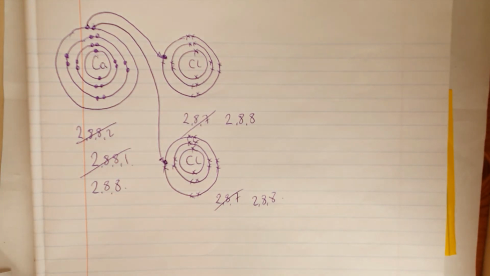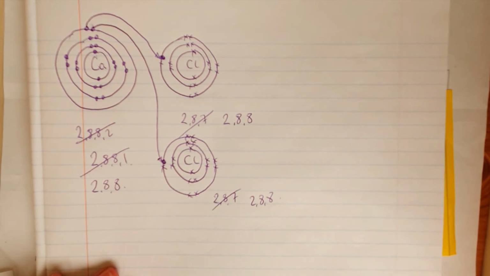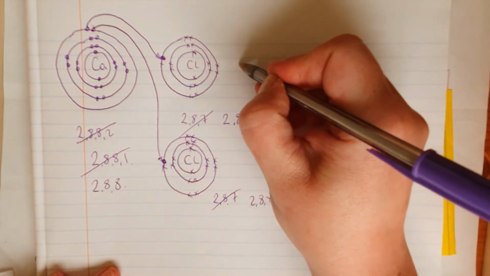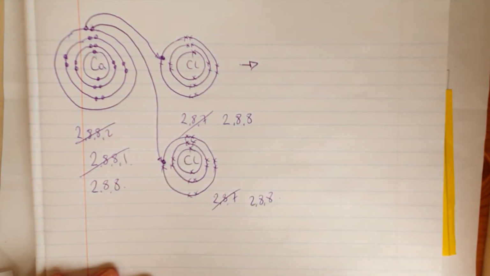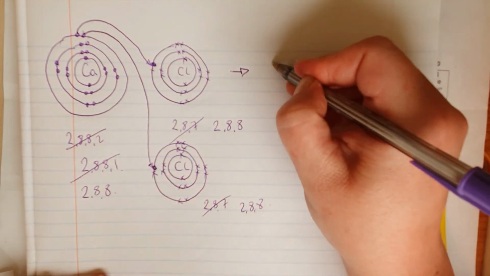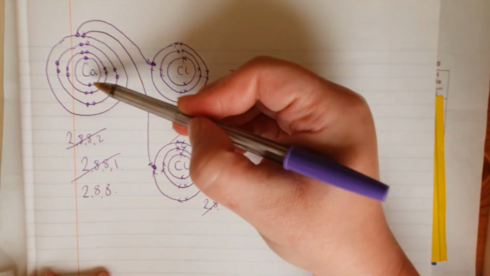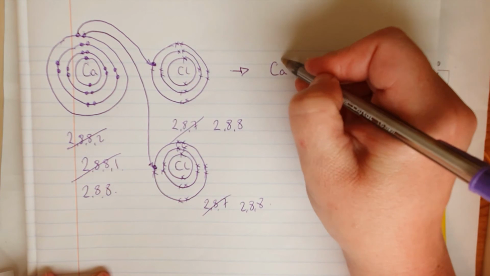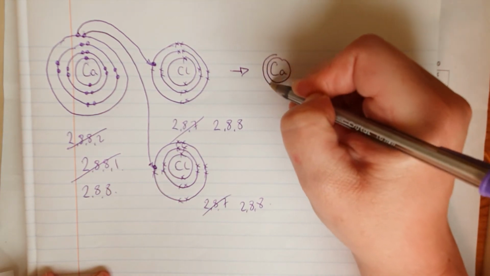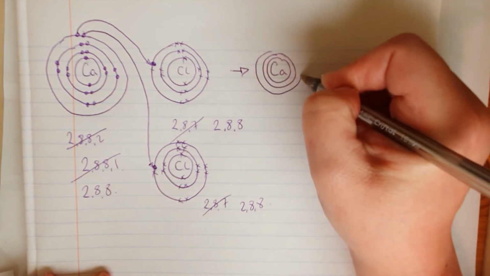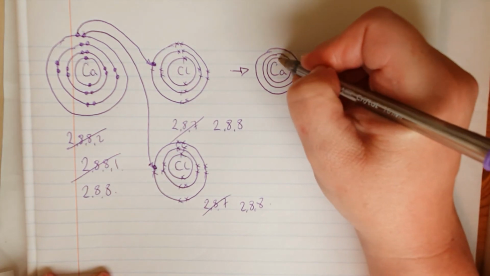Now let's draw the answer. The answer is going to look slightly different than it did before. I'm going to do my answer up here. So I'm going to draw my calcium. My calcium had 1, 2, 3, 4 shells and now it's going to have 3. Oh, I hope I've left myself enough space. And these need to be dots.